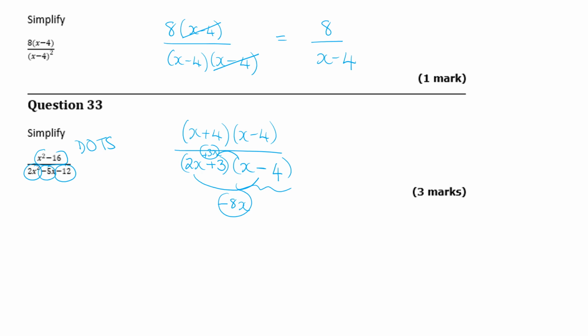Now because those two terms are now times together, I can cancel the x minus 4 and get x plus 4 over 2x plus 3, and that's it. I can't cancel any further. You cannot cancel x like that. You mustn't do that. You can only cancel when things are times between the terms.